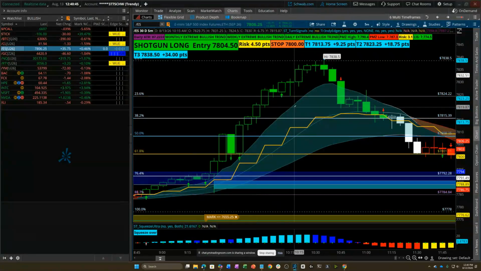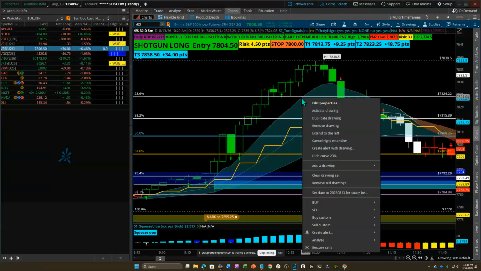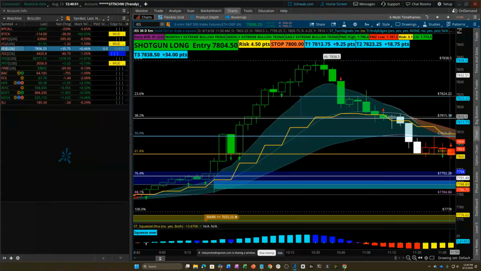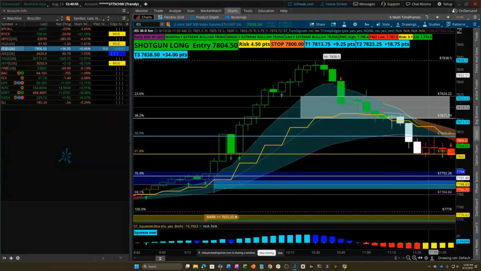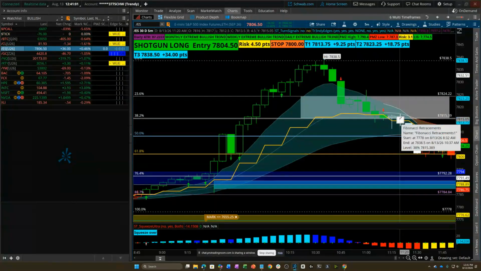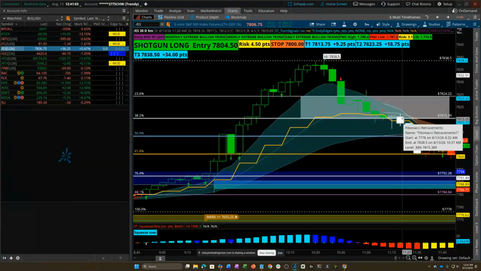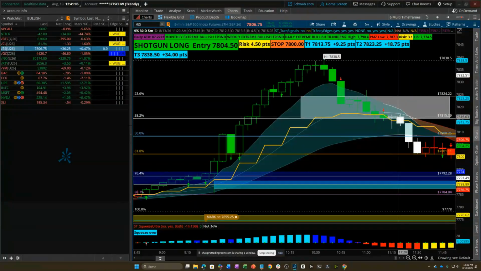Now I'm still under the thesis of a bullish trending day, as long as the bull channel holds as support. But right here at 11:20 Eastern time, bulls no longer were defending this channel.